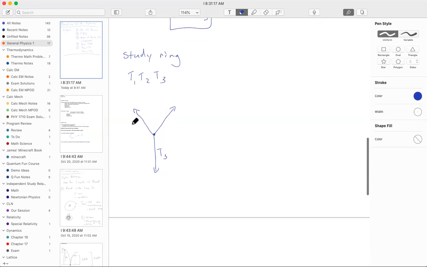There you go, tension 1, tension 2. We want the magnitude of tension 1, which equals tension 2. They're the same in magnitude. All right, so there's my free body diagram.